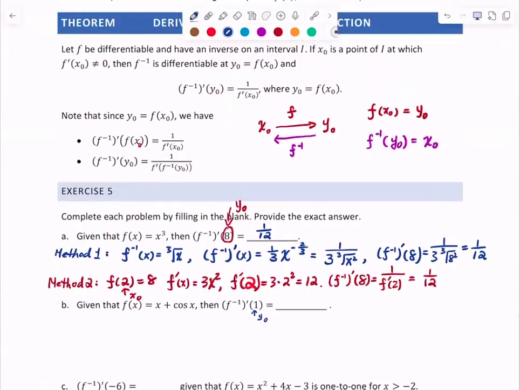So the question you have to answer is: f of what is 1? Usually for problems like this, when it's harder to find the f inverse, they don't give you something impossible to get. They give you something actually easy to find. You can try some nice values and figure it out.